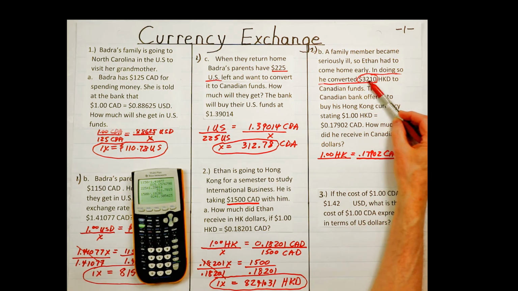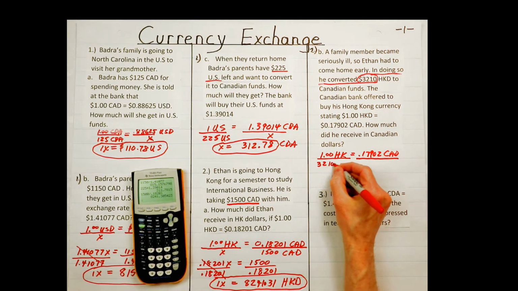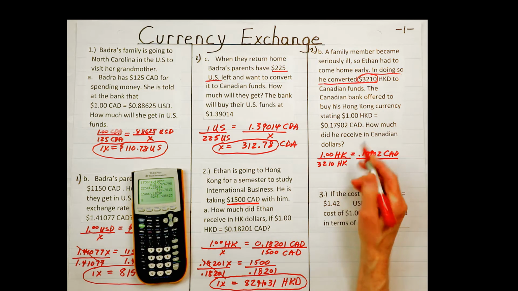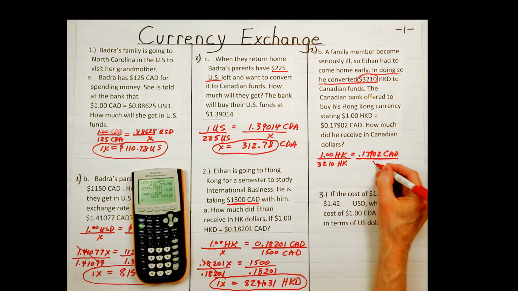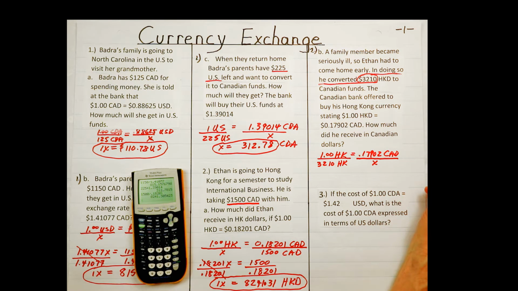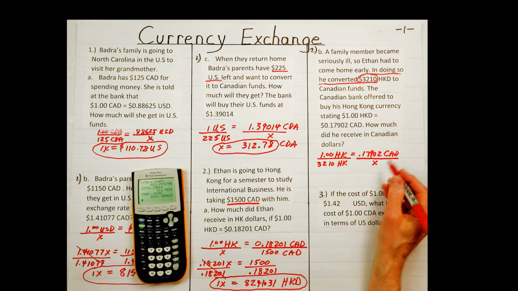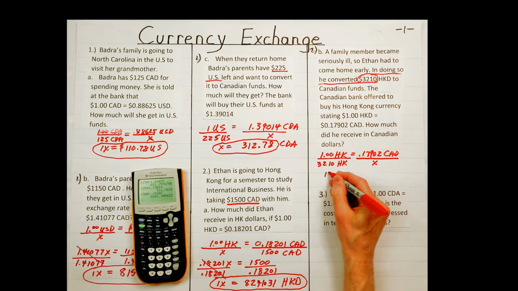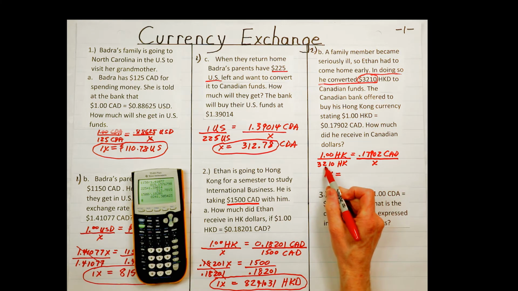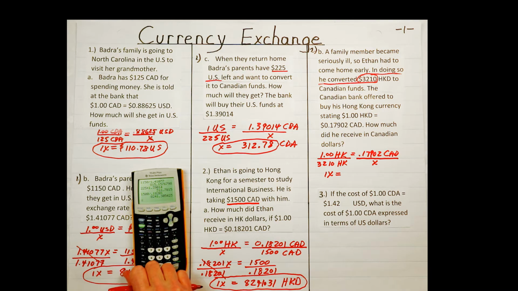So we look up here at the 3,210. It's Hong Kong dollars, so it has to go over here, 3,210. So I'm putting Hong Kong dollars with Hong Kong dollars, and we're going to have X here, representing the Canadian money that he's going to get. So cross multiply, 1 times X is 1X, and 3210 times .17902.